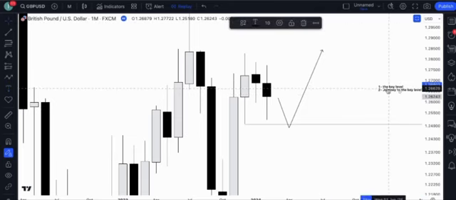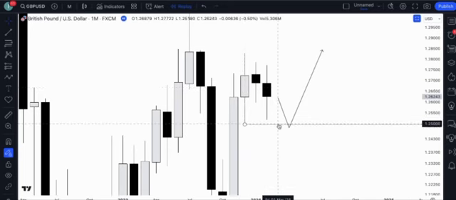All right, it's an important concept. So if I'm bullish on pound, that means I can either trade when it comes down here or all the way down there. And that's an important concept which not many understand.